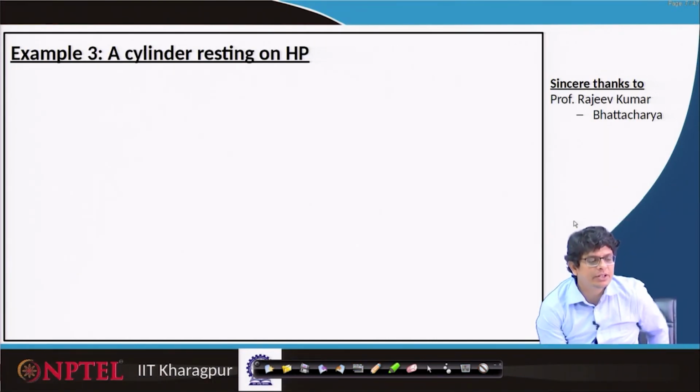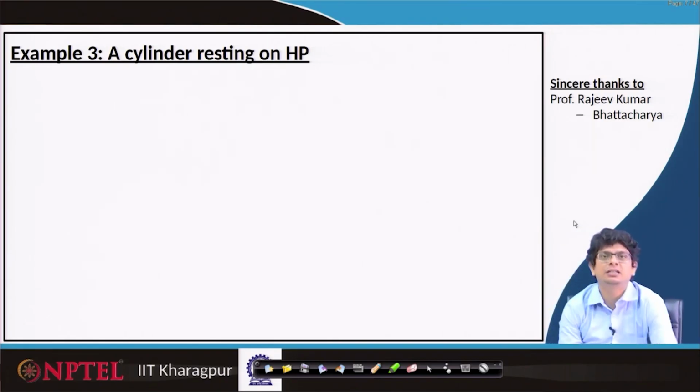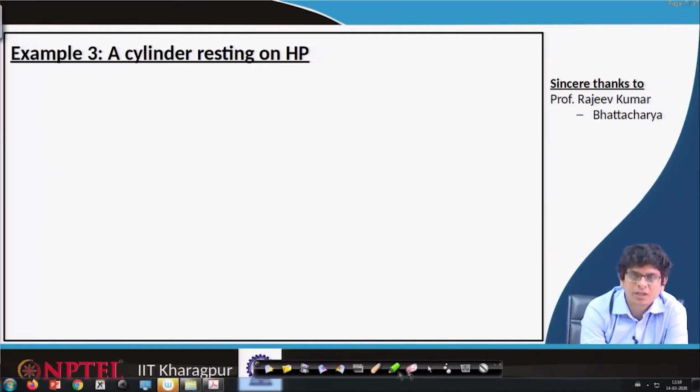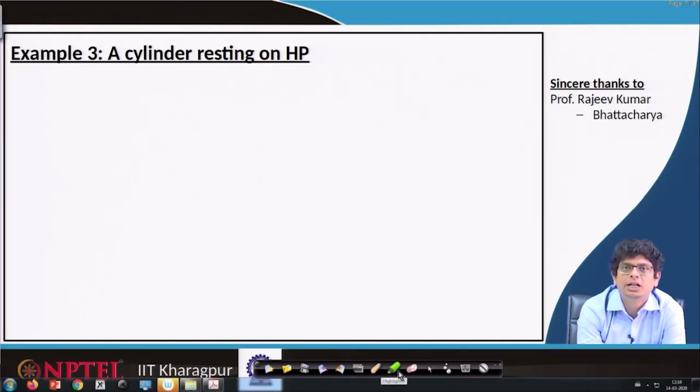Now, let us begin with one more example, a cylinder resting on horizontal plane, but maybe its generator is resting on horizontal plane. Instead of having the first example like resting means vertical cylinder, what we will see is a laid down horizontal cylinder.